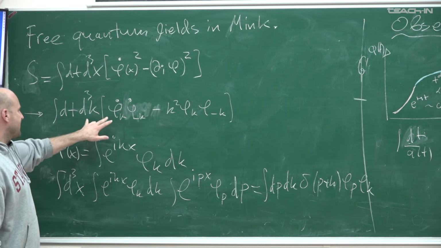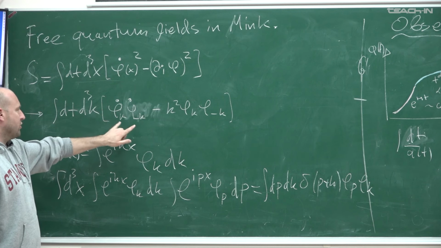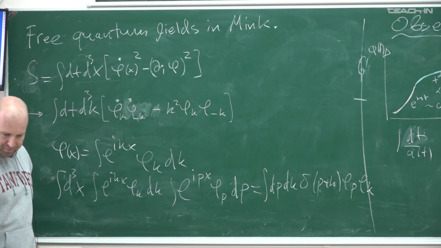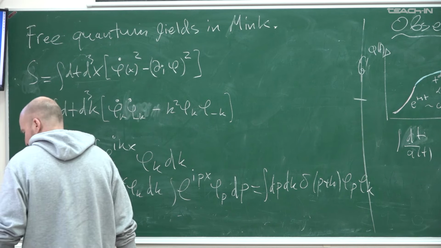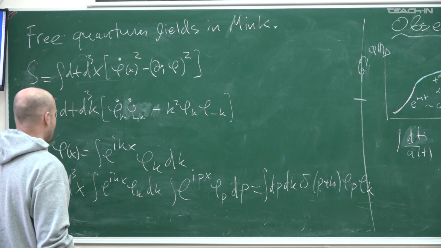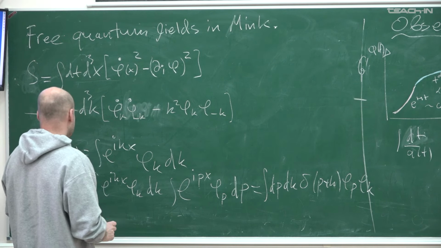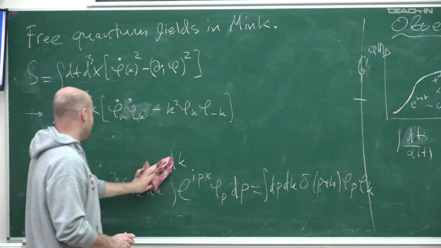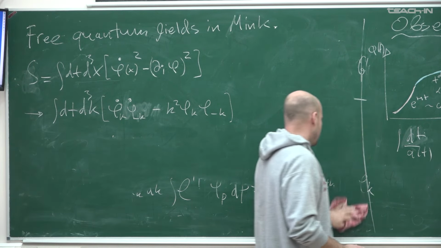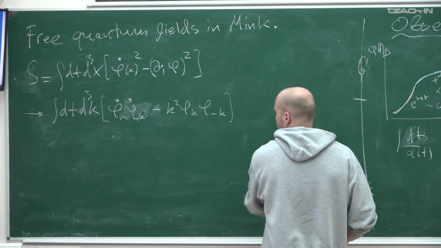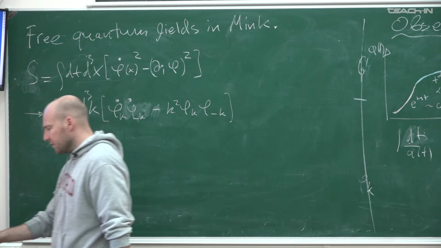So it's almost a sum of pairs of harmonic oscillators, one for k and one for minus k. If you do careful quantization, you take care of it, but I'll be ignoring it. I'll just say that this is a bunch of single harmonic oscillators, and that will get us where we need.